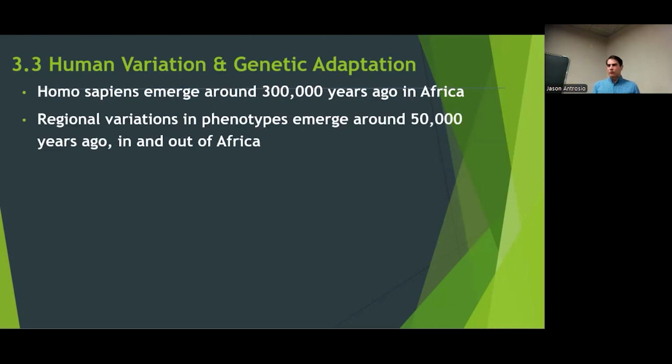And the way in which we look differently from each other, what they call the regional variations in phenotypes, or how we physically appear, come about around 50,000 years ago, both inside of Africa, because Africa is a huge continent and it has different climates as well, but also outside of Africa as Homo sapiens began to migrate into different parts of the world, different northern and colder regions, eastward and westward.